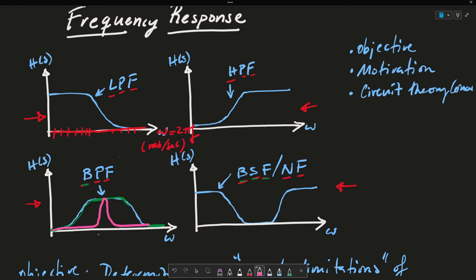Let's just say 59.9 FM, right? Or let's just say 107.9 FM. And that goes through, and all other frequencies are disregarded. So that's an application of a band pass filter.